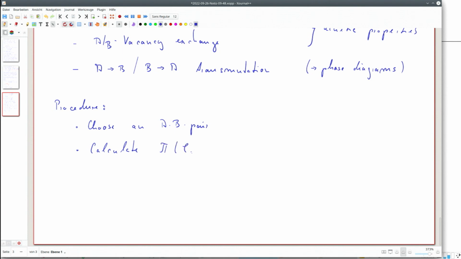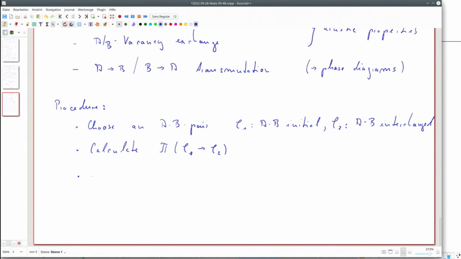I call it C1, C2. C1 now is the AB pair in its initial position. And C2 is the AB interchanged.